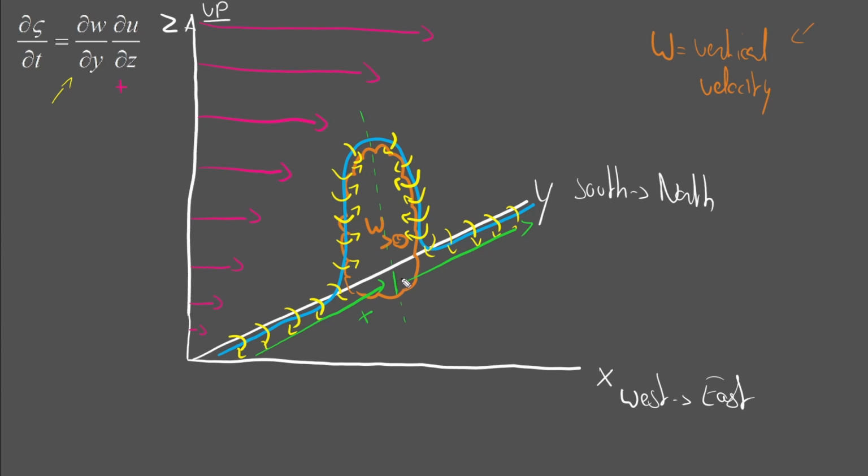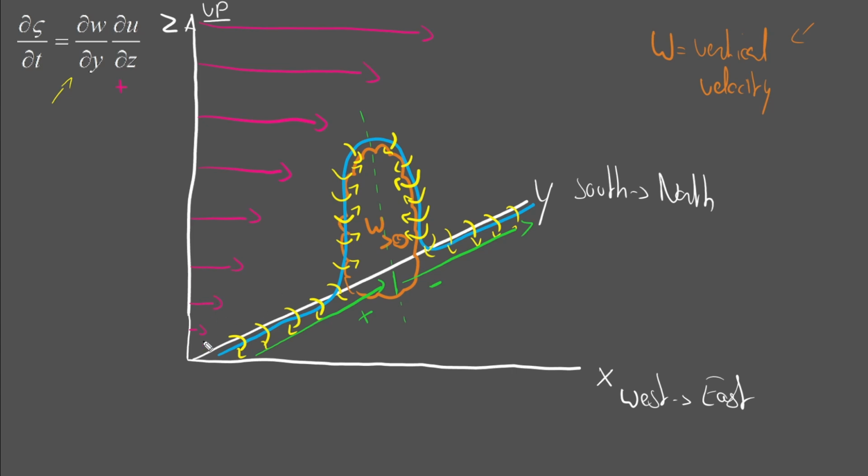If you go up in y, dw decreases. So this one is plus, this one is negative, the whole term will be negative, which is exactly what you see here. And you can see this also by the direction of rotation, which is now clockwise. So you have negative vorticity here. And this is exactly what we want. We want a mesocyclone to form. So this is how we do it.